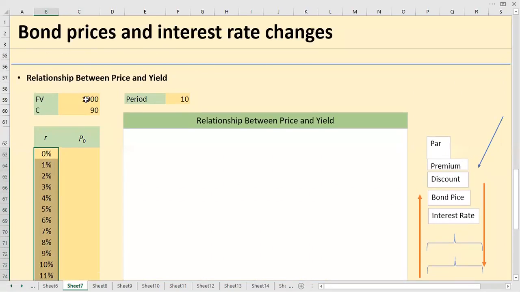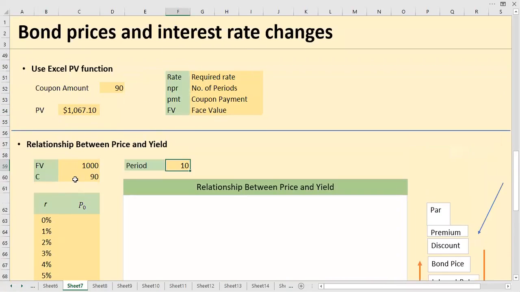And I am going to use the same example that we used. Face value is equal to 1000 rupees, coupon value is equal to 90 rupees, and maturity period is equal to 10 years. I'm going to use the same old PV formula for the sake of easiness. So PV is equal to, first we have rate.